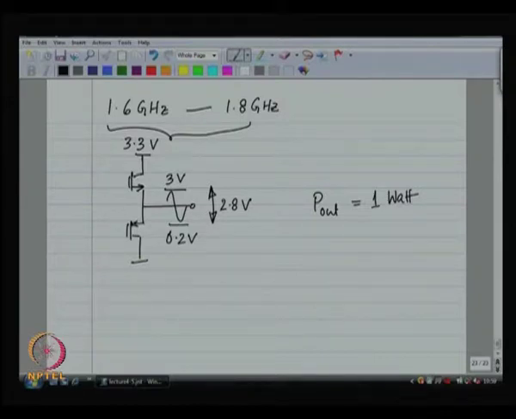Now, the first question is, I have got 2.8 volts peak to peak. What does that mean? That means it is 1.4 volts amplitude. That means RMS it is 1.4 divided by root 2, that is about 1 volt RMS.